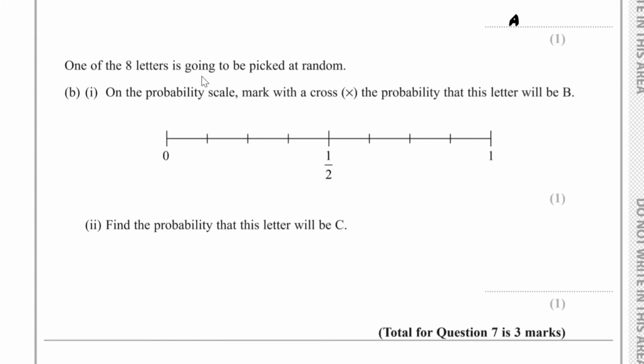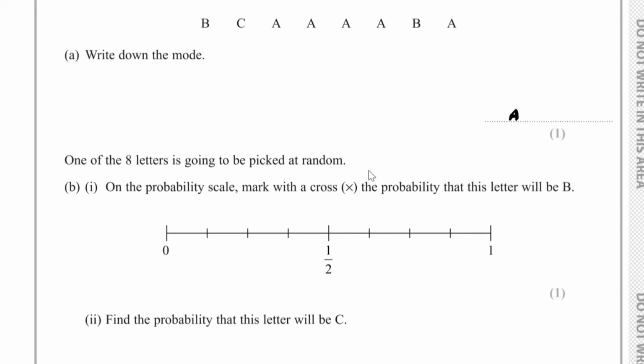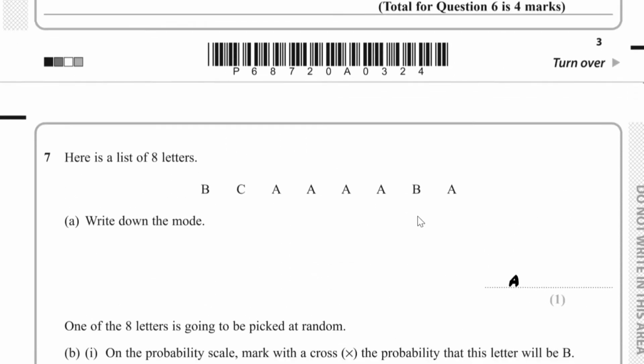One of the 8 letters is going to be picked at random. For the first part of part B, on the probability scale, we have to mark with a cross the probability that this letter will be a B. Well, we have 8 different sections of our probability scale, and you can see B appears twice.